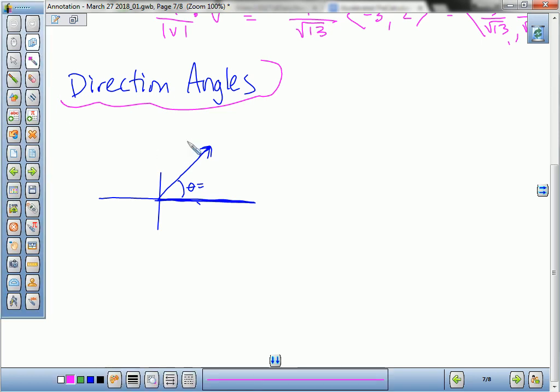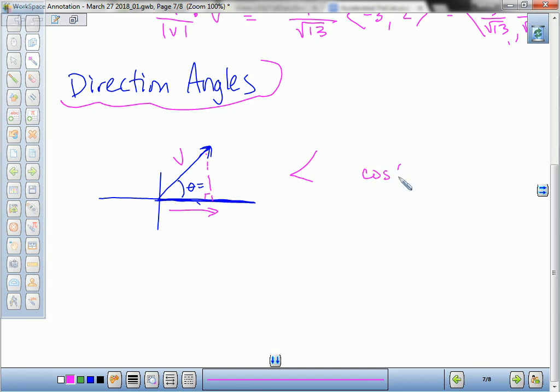So here's vector v. Now, if I think of this like I did with the unit circle, this horizontal component would be represented by what? Cosine. The vertical component would be represented by what? Sine theta. If it were a unit vector, we'd be done.